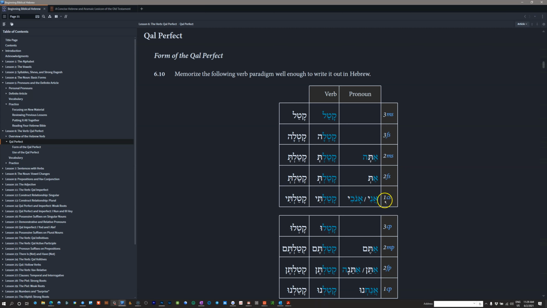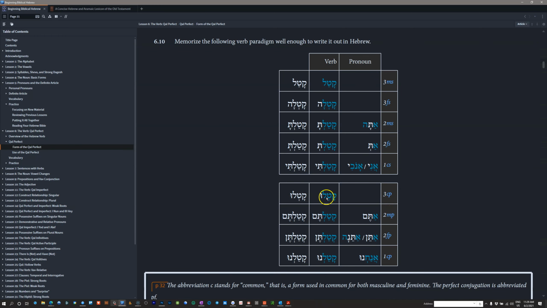Now, it doesn't have first masculine singular and first feminine singular, because whether it's masculine or feminine, the same form gets used. It uses a common form for both. They both share one form. So that's why it's only written here once.